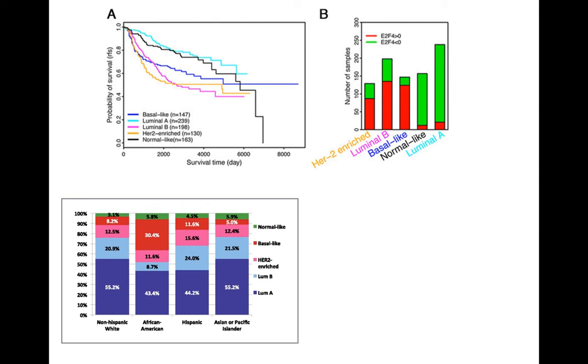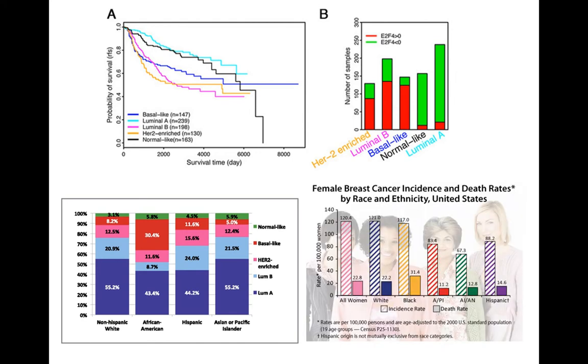If you look at these results and account for these differences, it's become pretty clear that the preponderance of basal-like breast cancers in African American women and the reduced prevalence of luminal A breast cancers in African American women really go a long way to accounting for this difference in mortality.